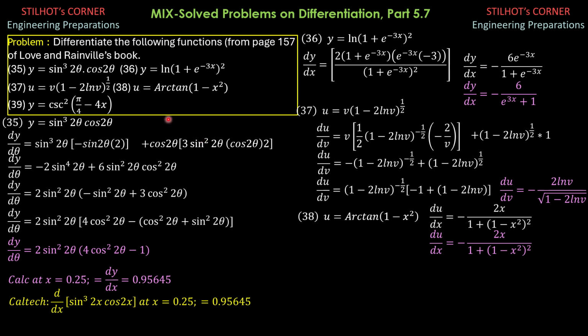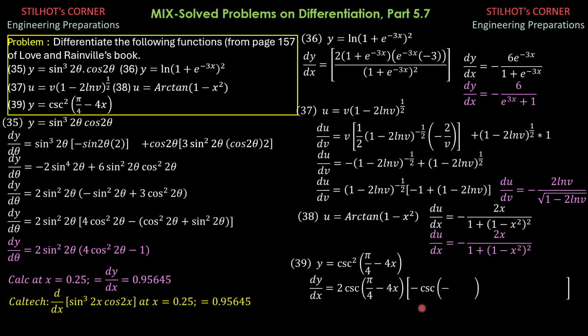Then finally, 39, y is cosecant square of quantity pi over 4 minus 4x. This is by power formula. So dy dx is 2 quantity cosecant to the 1 of pi over 4 minus 4x.